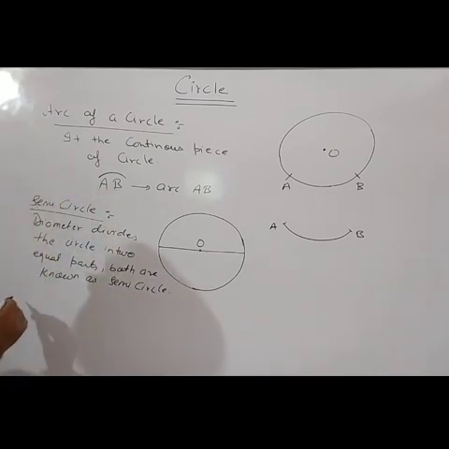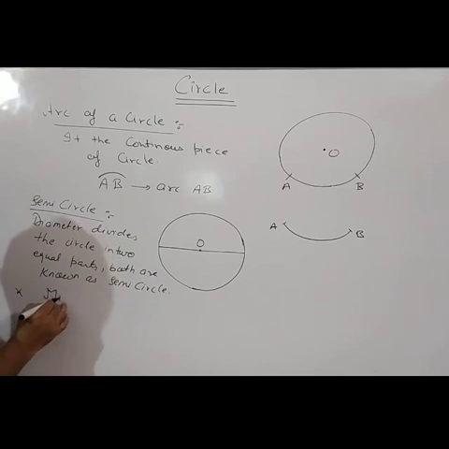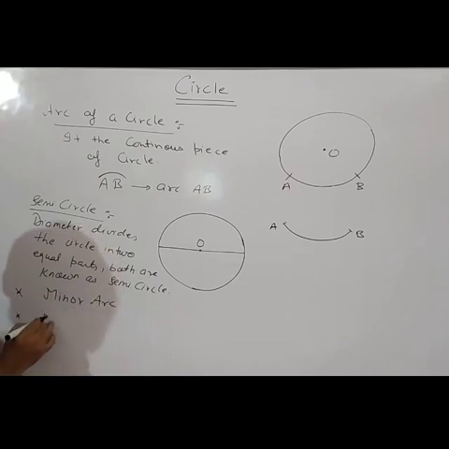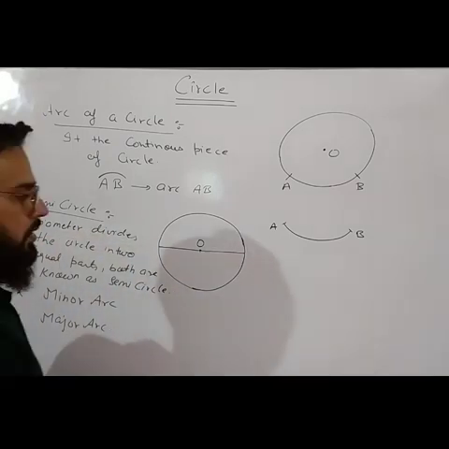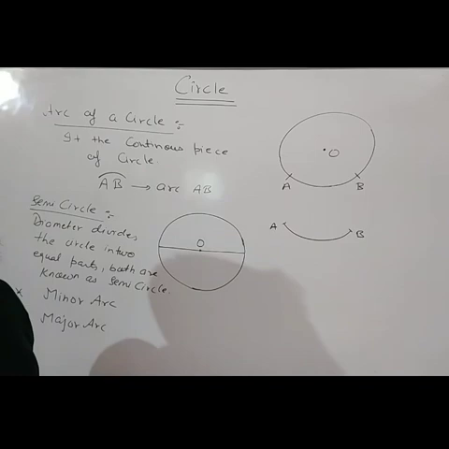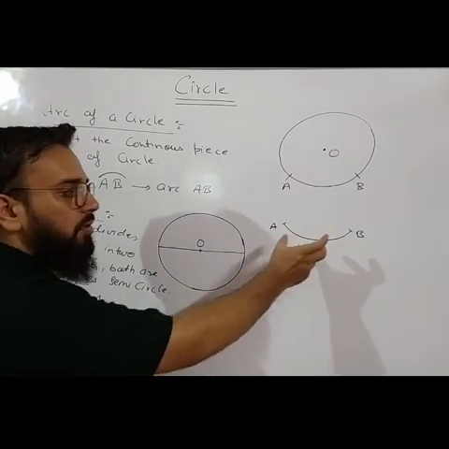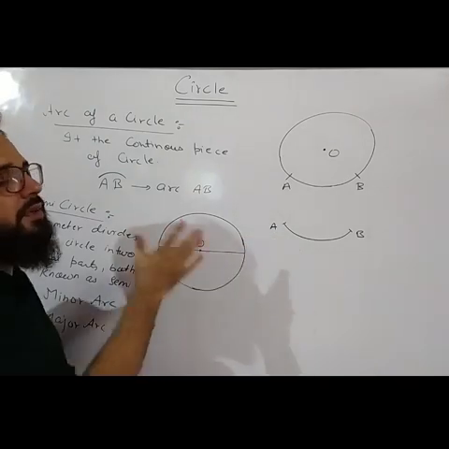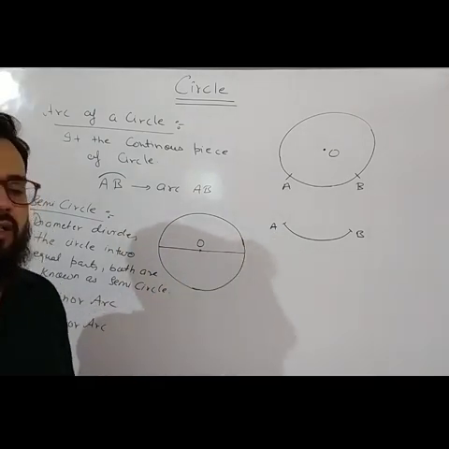Now we are going to talk about two types of arc. One is minor arc and the second one is major arc. So what is minor arc and major arc? If the piece of the circle is in such a way that it is less than the semicircle, then it is called minor arc.